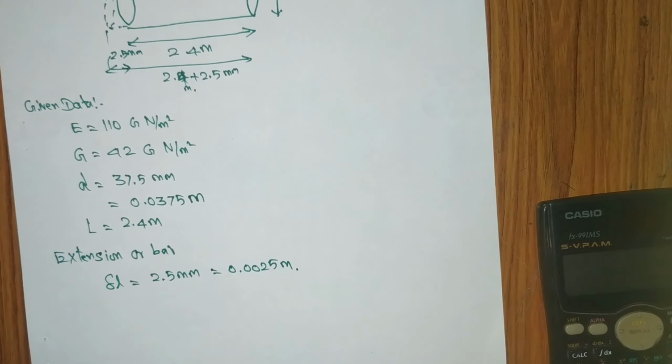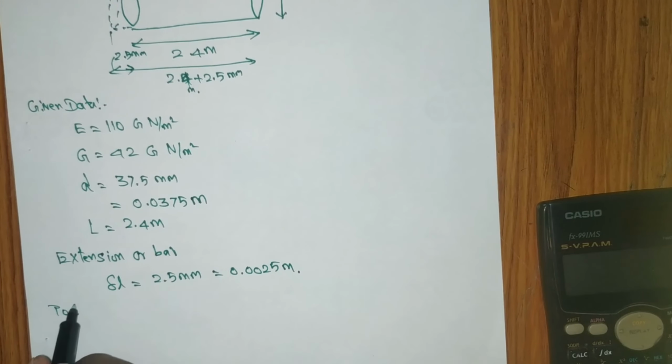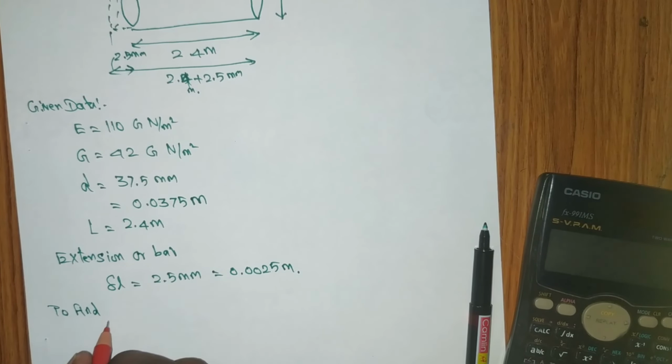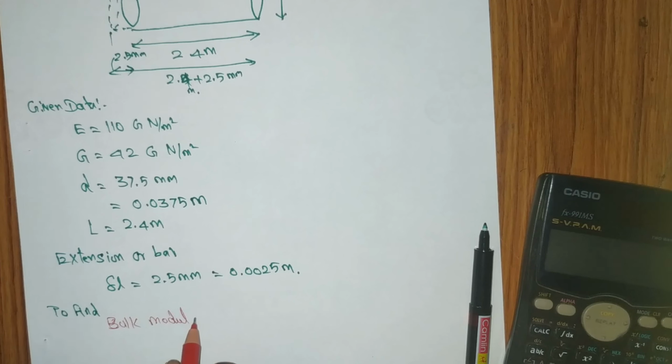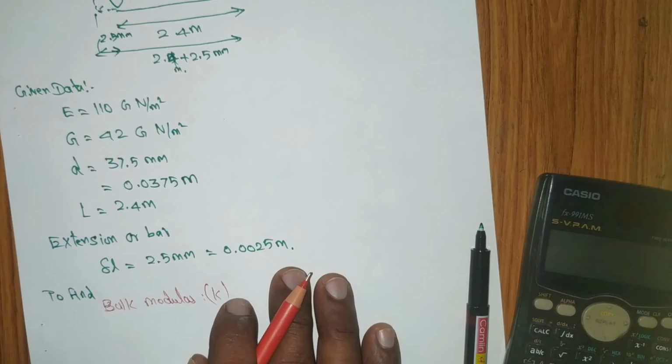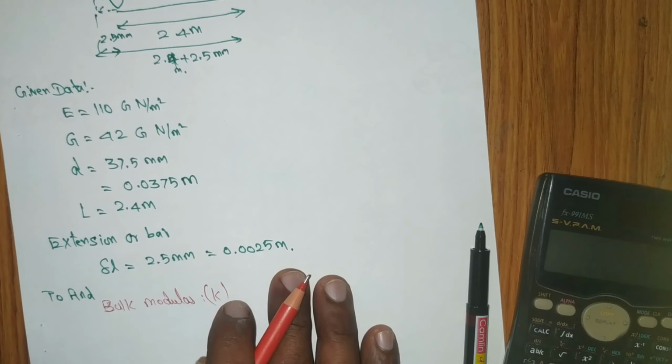So what we need to find is bulk modulus. Bulk modulus K only we need to find. We know the relationship between the Young's modulus, bulk modulus and shear modulus.